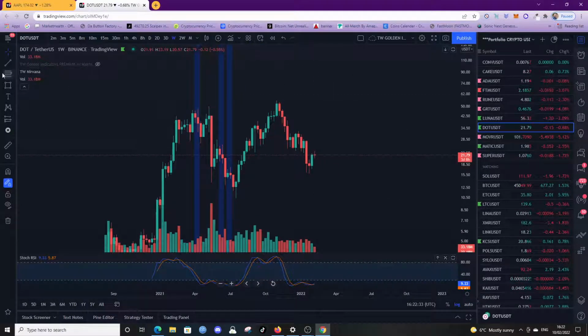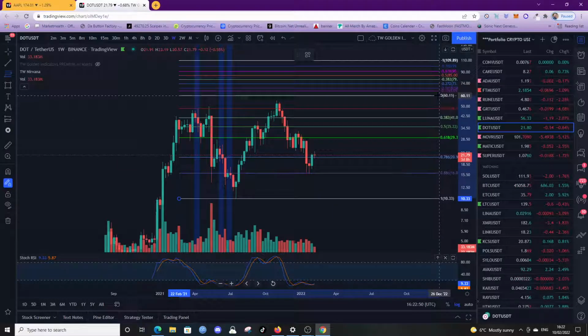The market's turning bullish, and I'll probably take a target on DOT. I'm not playing about with it or selling it unless I see a candle that tells me, do you know what? I'm going to take off and buy a bit cheaper. But I'm just going to go off the extension here.